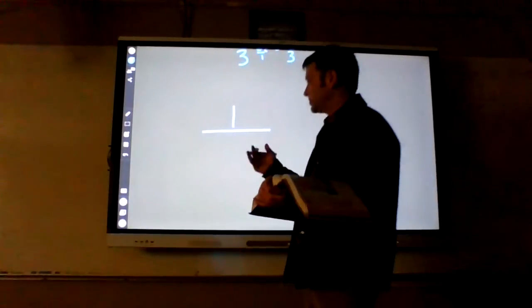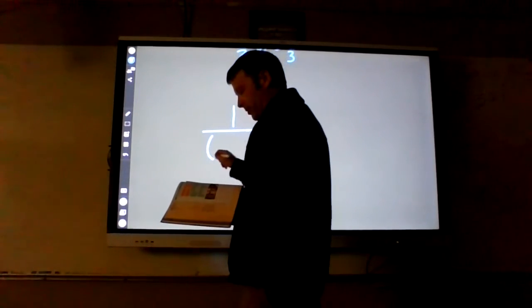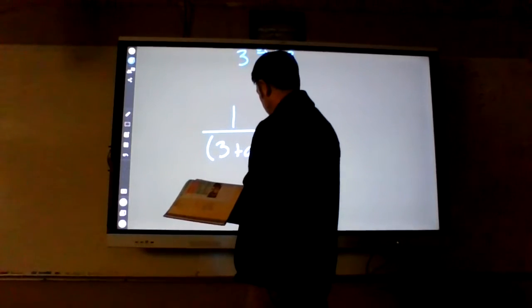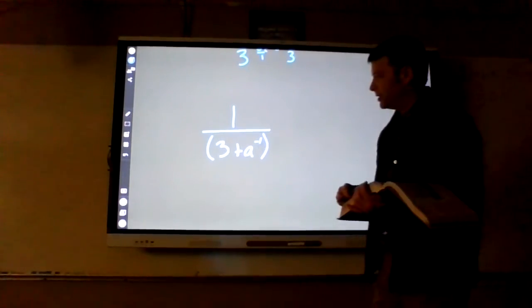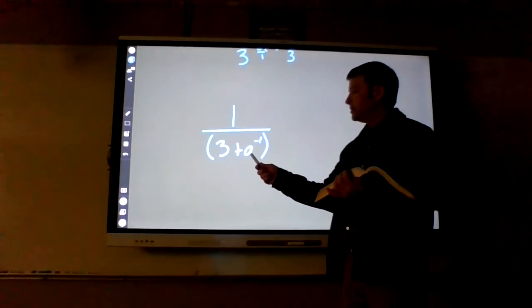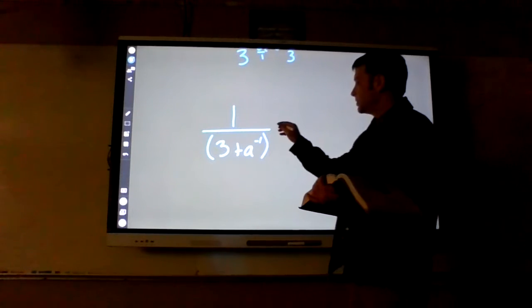The whole thing is to the negative 1. So all that in parentheses needs to go to the denominator. Okay, what is a to the negative 1? 1 over a.